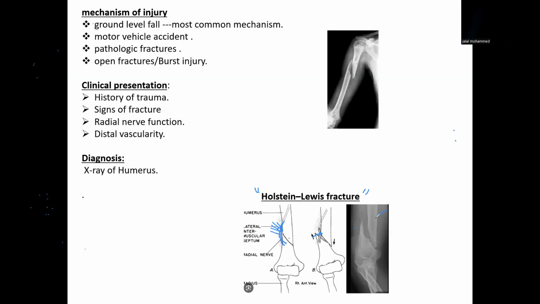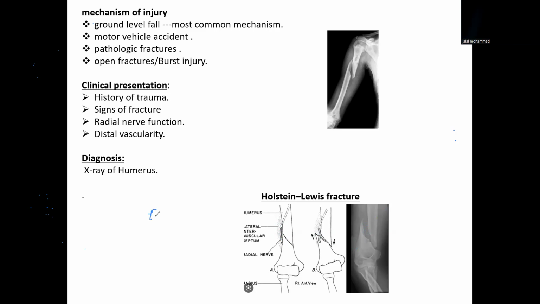So this is a distal third humerus fracture where the radial nerve gets entangled inside the fracture site, so the patient finally results in radial nerve palsy. The name of this specific injury involving the distal humerus is Holstein-Lewis fracture. So what is Holstein-Lewis fracture?